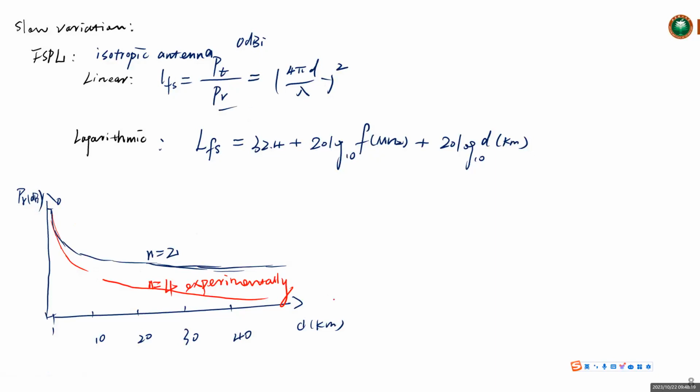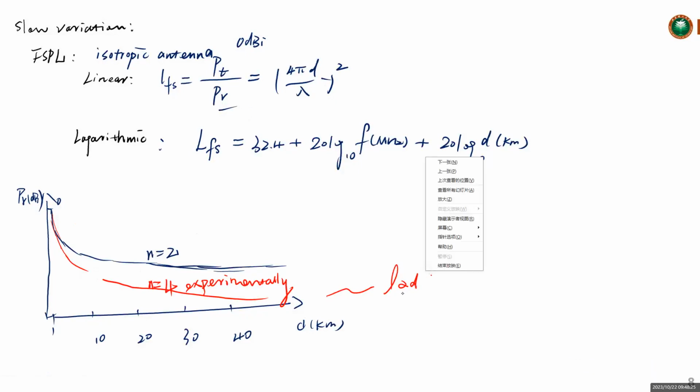Which follows a rule like L of d is proportional to the distance raised to the power n, and the value of n is around 4, for example.